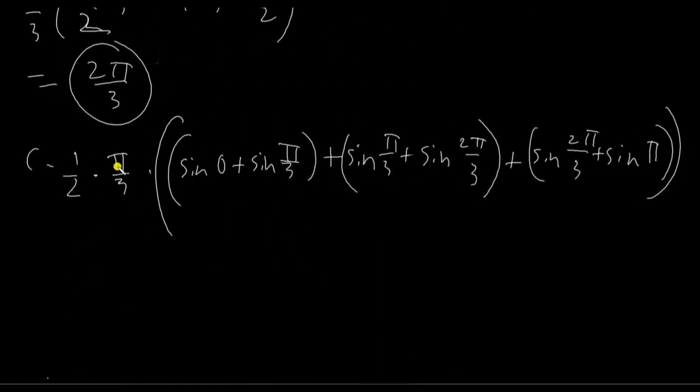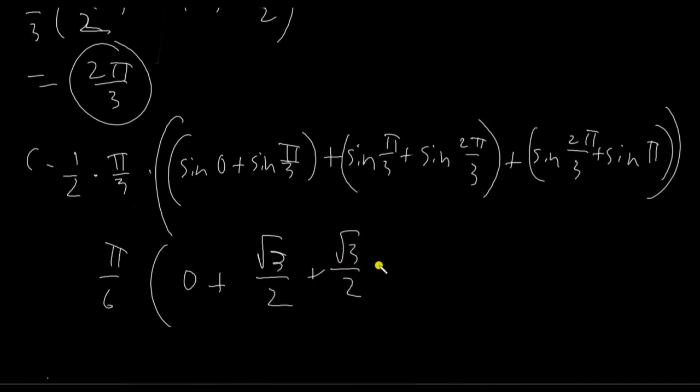This is going to be, so pi over 3 times 1/2 is pi over 6. And then sine of 0 is 0. Sine of pi over 3 is square root of 3 over 2. Again, square root of 3 over 2. Sine of 2 pi over 3 is square root of 3 over 2, plus sine of 2 pi over 3 is square root of 3 over 2.